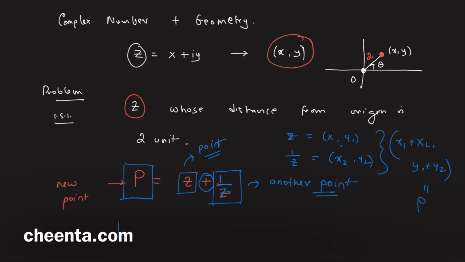So locus of P. Find the locus of P. If you plot all the points P in this manner, using z and 1 over z, such that z is 2 unit away from the origin, then what is the locus or the path traced out by the point P? This is the question. Now you can pause the video and give it a try once.